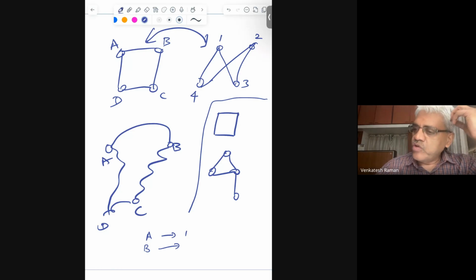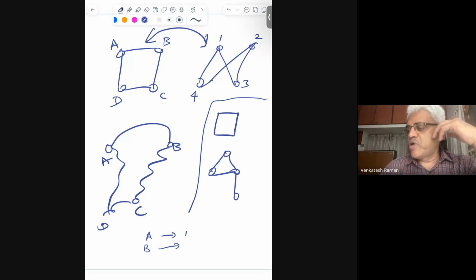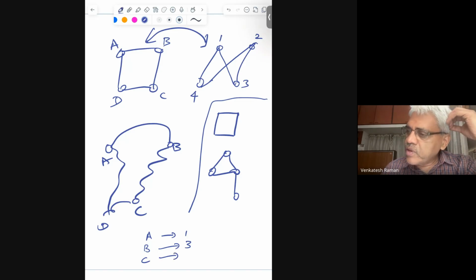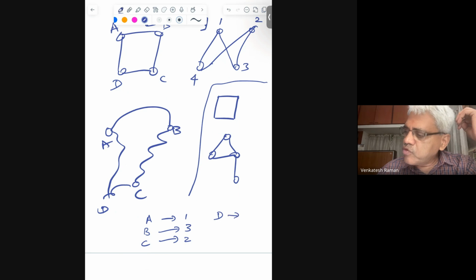Certainly not 2. Why not 2? Because A and B are adjacent, 1 and 2 are not adjacent. So B gets mapped to maybe 3. Then I know C should get mapped to 2 and D gets mapped to 4.